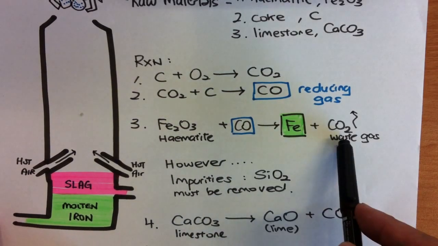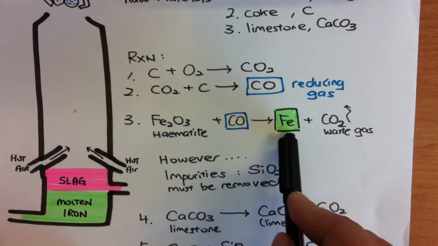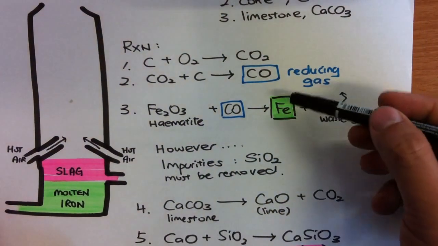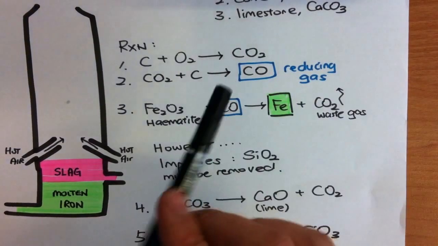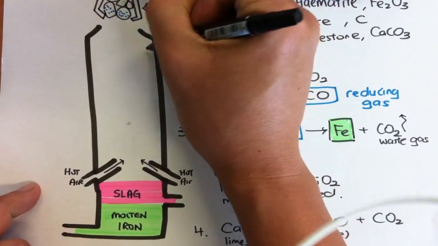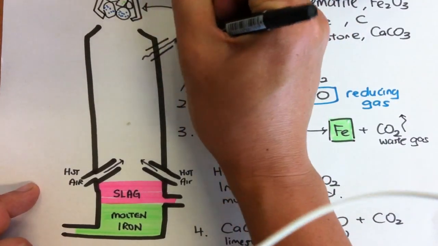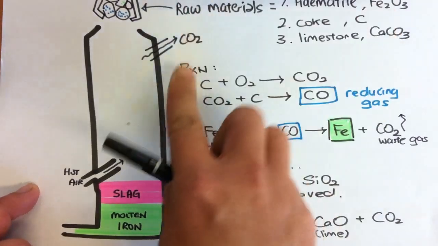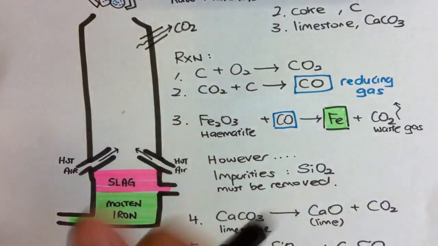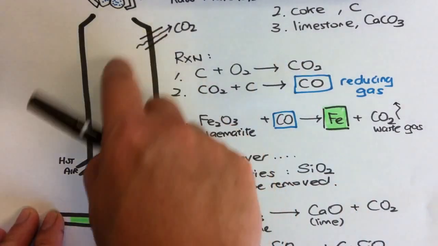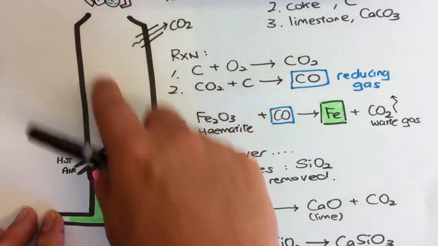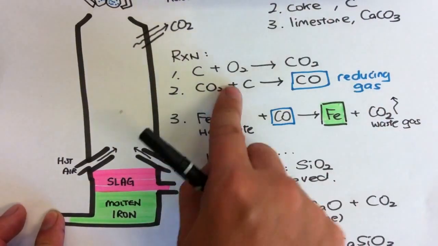They form CO2, and the iron is free, it becomes a free metal. CO2 is a waste gas. Usually in a blast furnace you have a pipe and the waste gas comes out. Or CO can be channeled back and combine with some more coke to get some more CO.